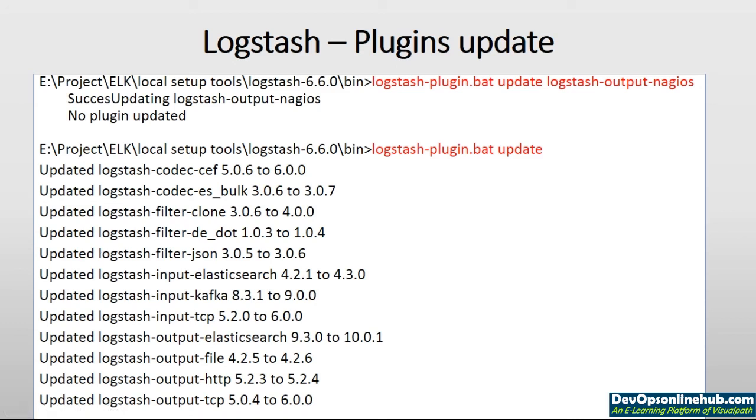I am not going to execute this command because it will take some time. You can see on the screen in this screenshot, it has updated a couple of plugins which had the previous version, and now they're updated to the latest version. So this is all about the Logstash plugin update command. With that, we have completed Logstash and its plugins.